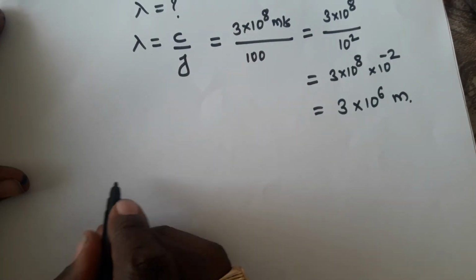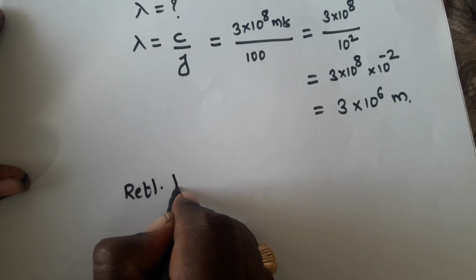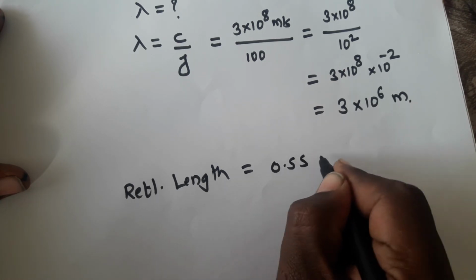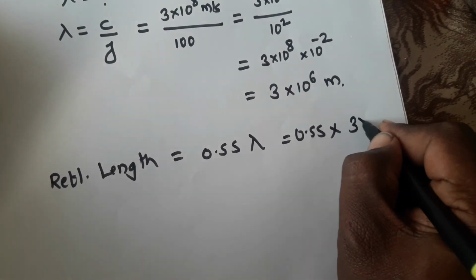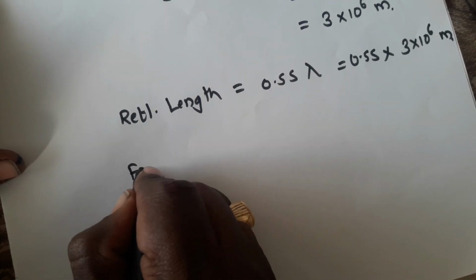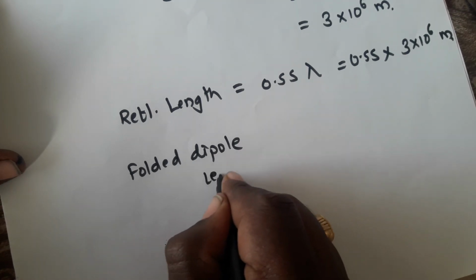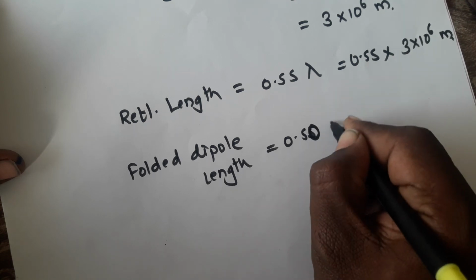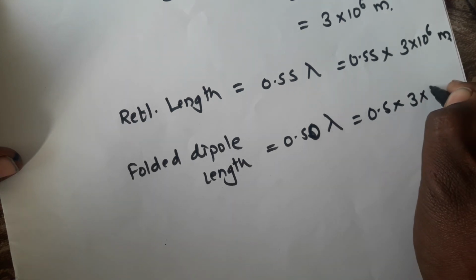Now to calculate the length of the reflector, the reflector length is equal to 0.55 lambda. So 0.55 multiplied by 3 into 10 raised to 6 meters. That is the reflector length. Then the length of the folded dipole is 0.50 lambda, so it becomes 0.5 into 3 into 10 raised to 6 meters.